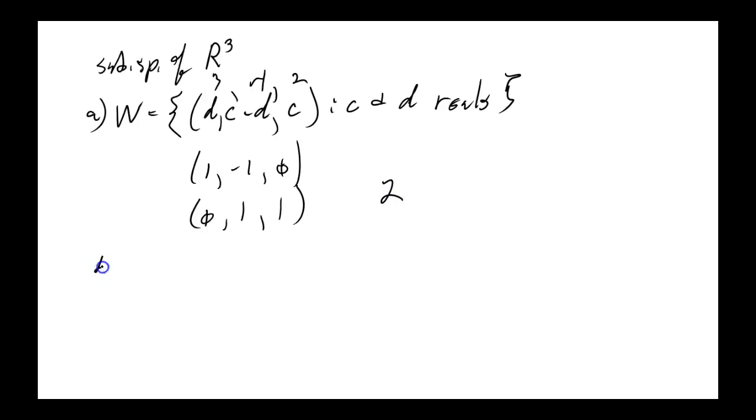Okay. B. W, they get the same name, is equal to the set of vectors, I'll put it this time, (2b, b, 0), where b is any real number.